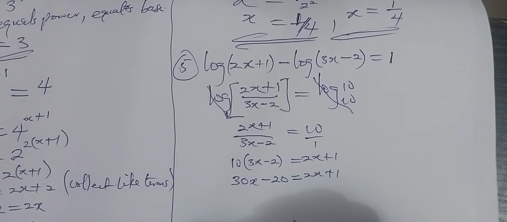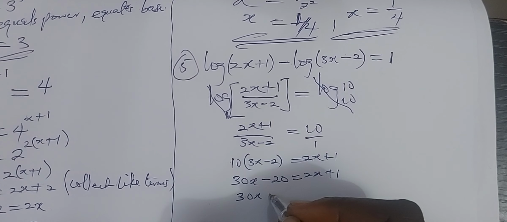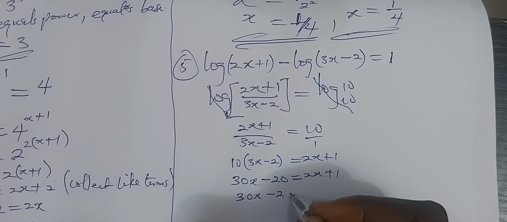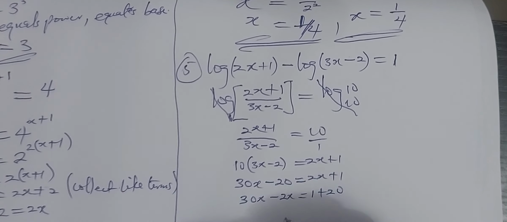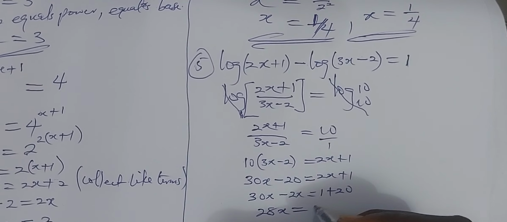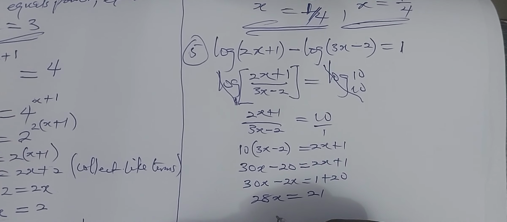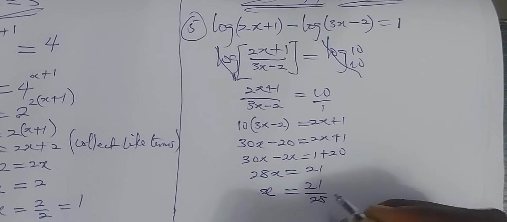This one should come, this one should go. You have 30x minus 2x is equals to 1 plus 20. We have 28x equals 21. Your x equals 21 over 28.